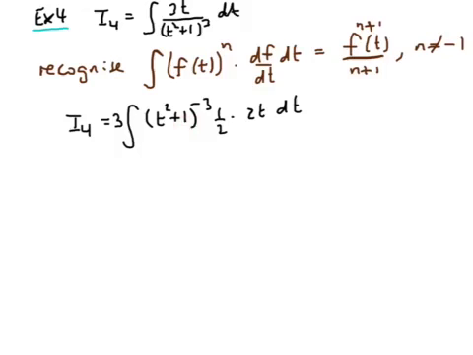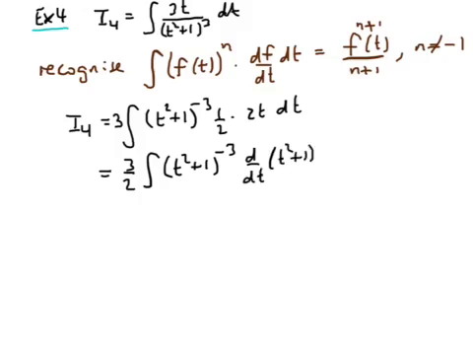So therefore what we have is that I4 is, now we have a factor of 3 there initially, and here we have a factor of a half, so I'm going to take the half out. So we have 3 over 2. We have the integral t squared plus 1 to the minus 3, and then we have d by dt of t squared plus 1 integrated with respect to t.